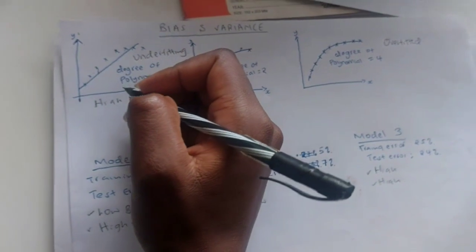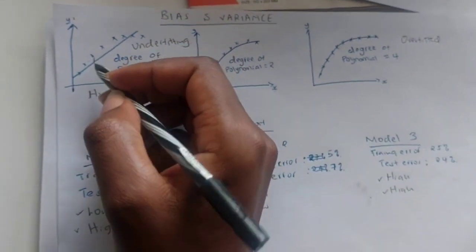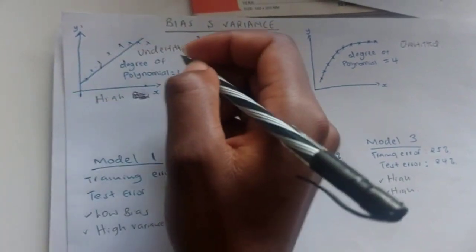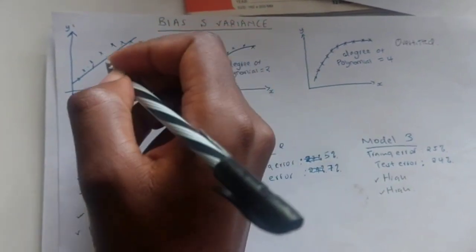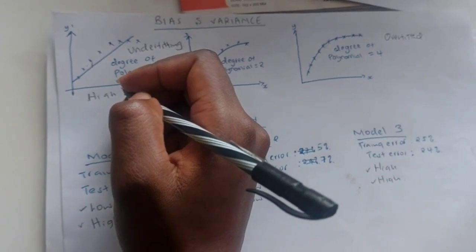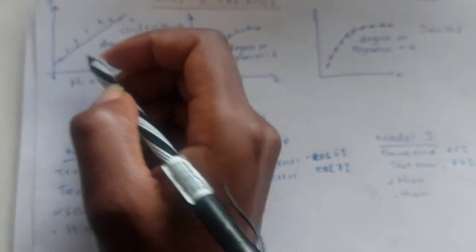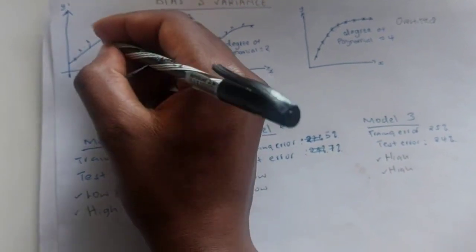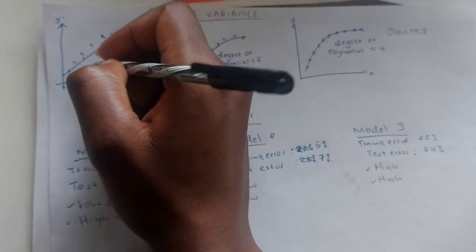What underfitting means is that it has a high error in the training dataset and also a high error in the test datasets.